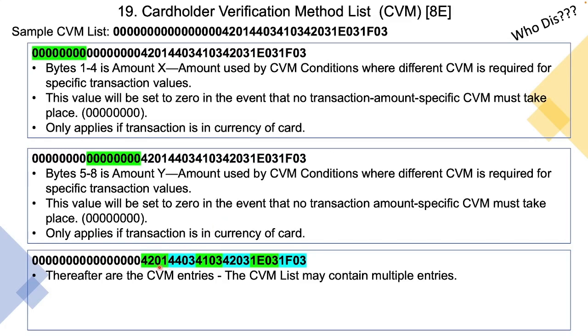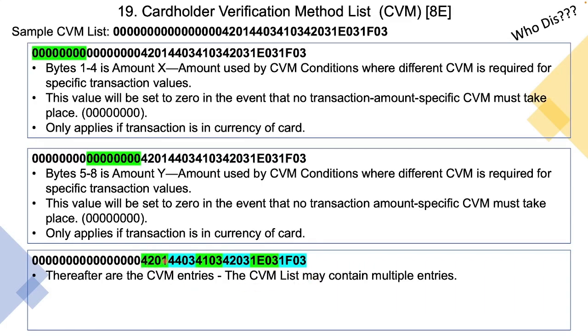The next part is quite important. You'll see that I've shaded it in different colors. I've got 2 bytes in green, 2 bytes in blue, 2 bytes in green, 2 bytes in blue, 2 bytes in green, 2 bytes in blue. If you count them, it's 6 two-byte blocks.